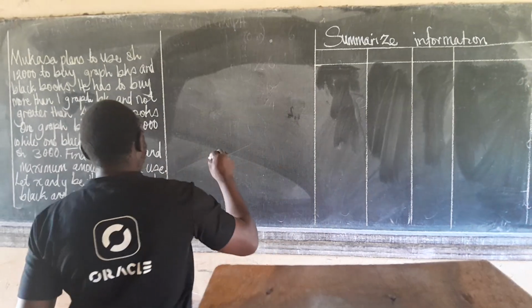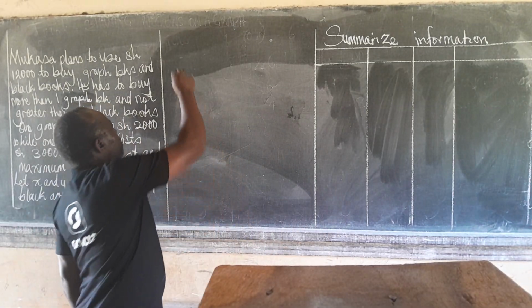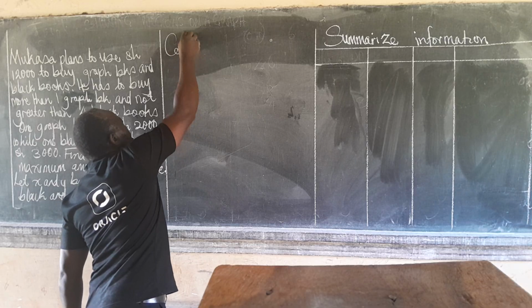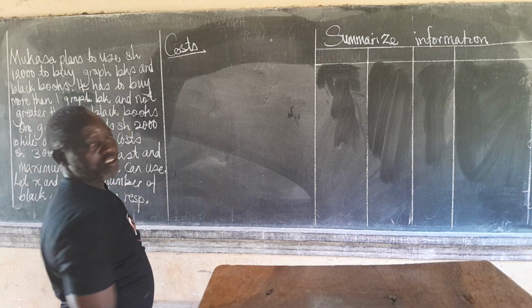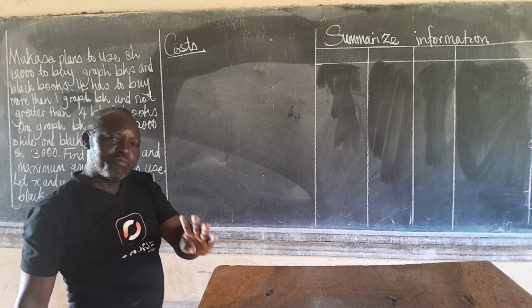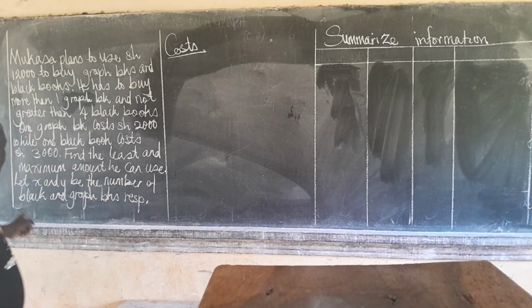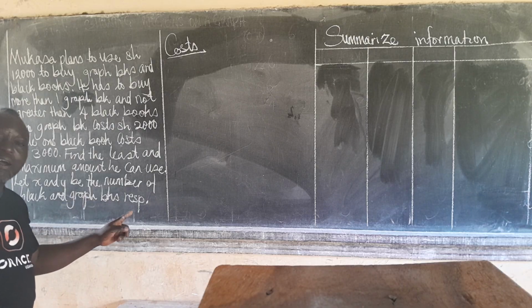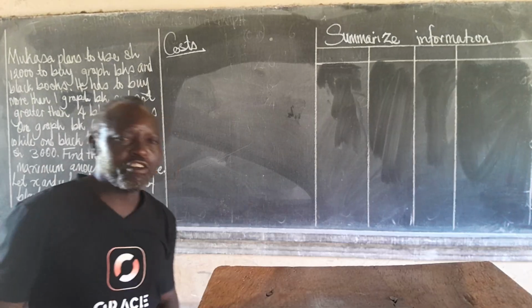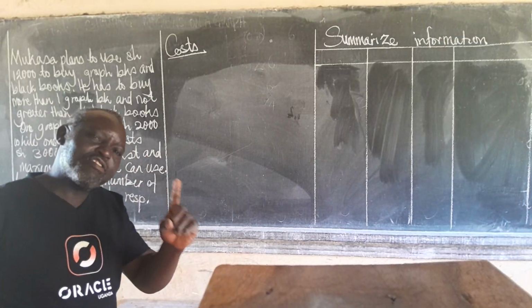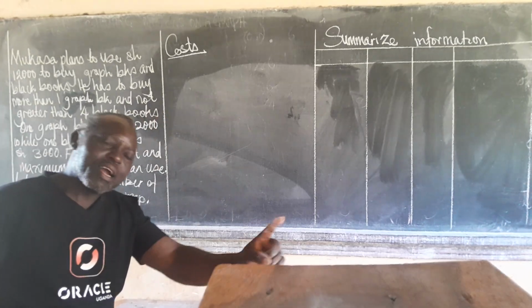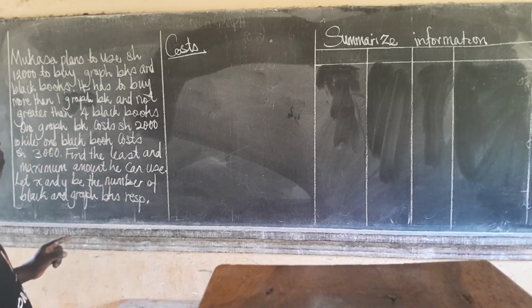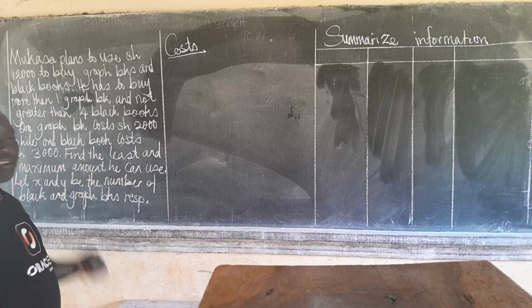So here we have the costs. We've been told that X is the number of black books and Y is the number of graph books. If we buy one black book, he has to pay 3,000 shillings.